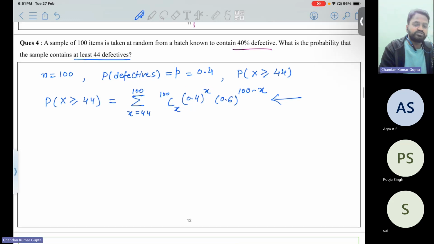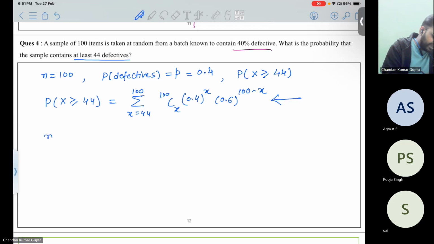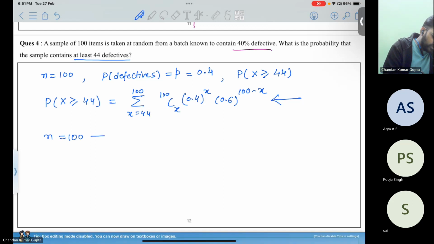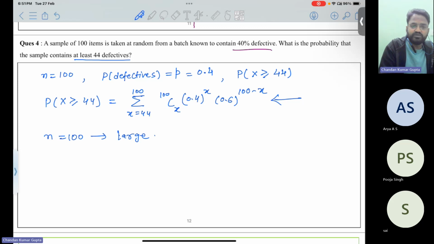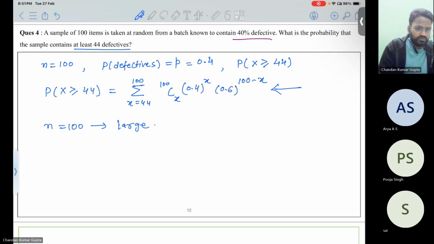So we use the concept of convergence of binomial to normal distribution, because here n is large. So we may use the normal approximation here. For normal approximation, we need the values of the parameters, mean and variance.